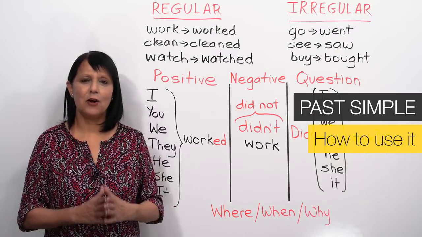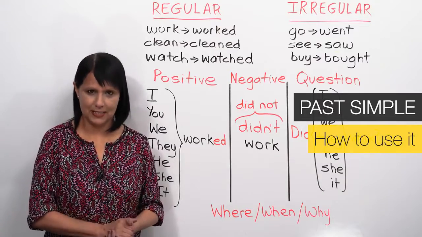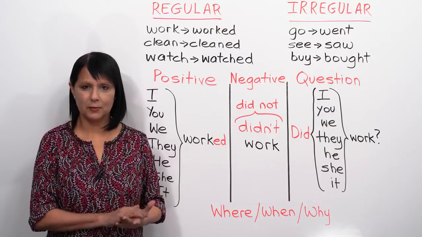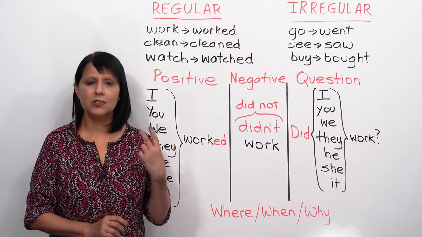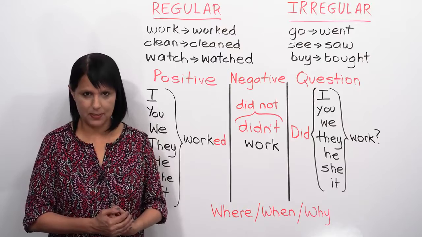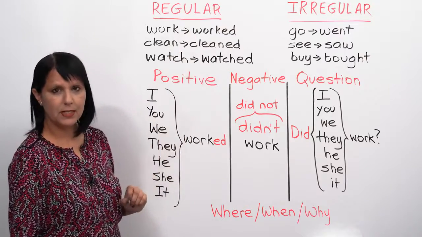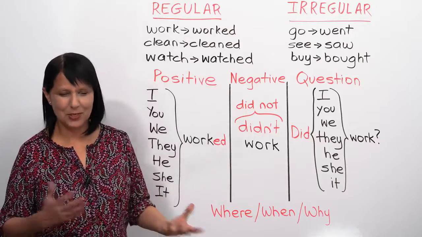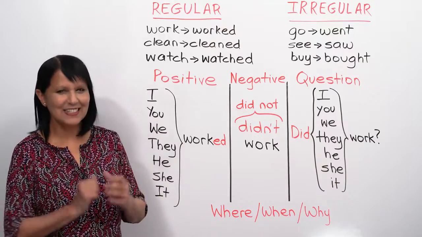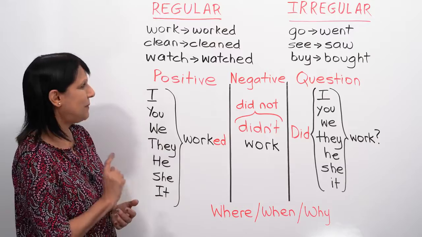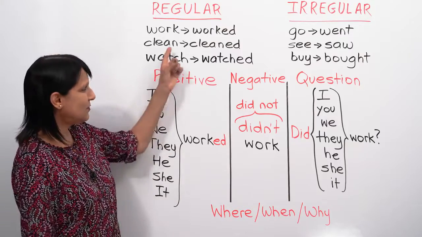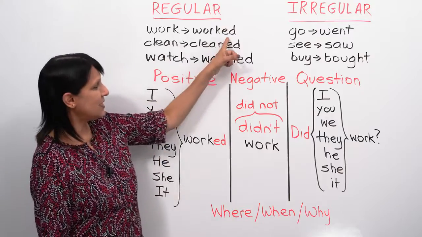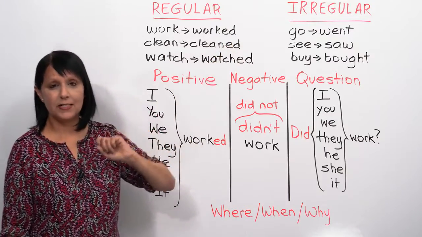Now let's look at how we form the past simple tense. So the first thing you have to remember when you're working with this tense is that in English there are two kinds of verbs: regular verbs and irregular verbs. How do we know which is which? Well, it's kind of a little tricky, but the regular verbs are the ones that in the past tense just have ed or d.